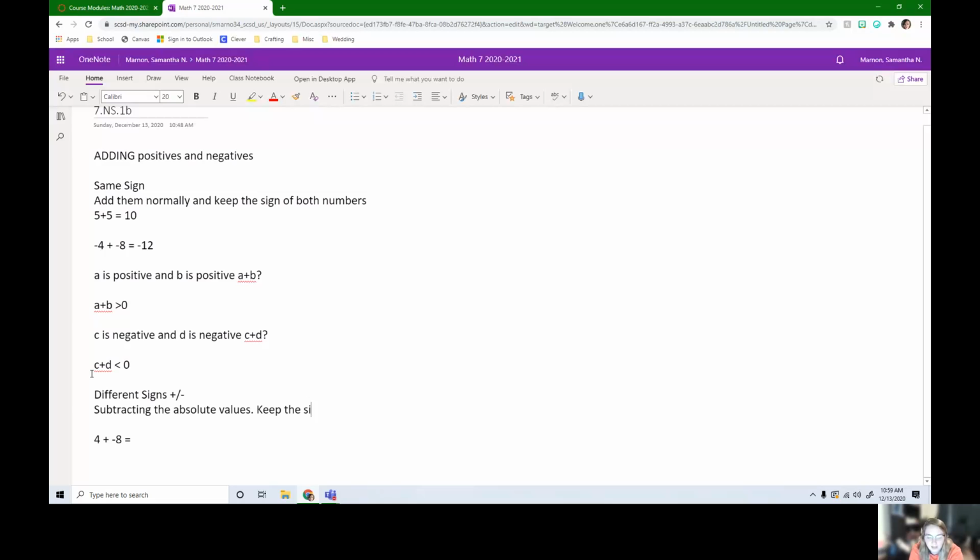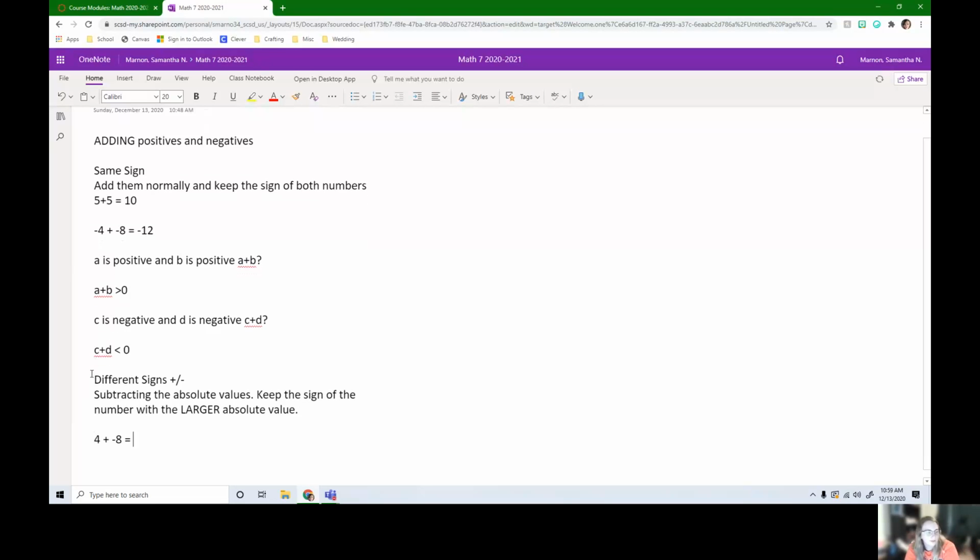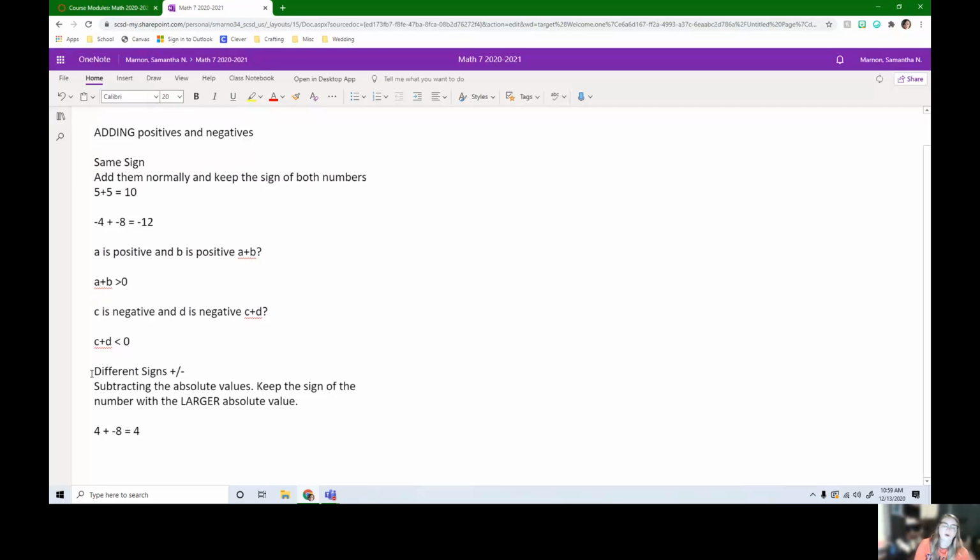Keep the sign of the number with the larger absolute value. So if you're doing 4 plus -8, you would do 8 minus 4, which gives you 4, but since 8 is bigger than 4 and the 8 is negative, it's going to be a -4.